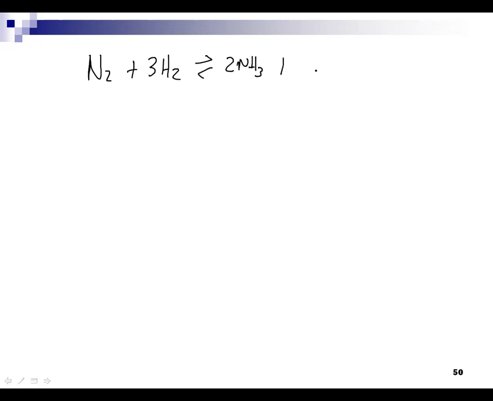We have a Kp value given to us of 4.31 times 10 to the minus 4. And we have an initial pressure of N2 of 0.862, an initial pressure of H2 of 0.373. And again, nothing was given to us for our NH3, so we're going to assume that it is 0, like we did last time.